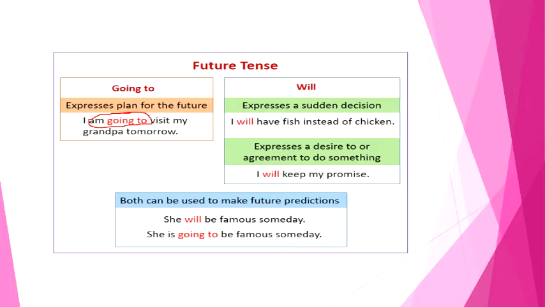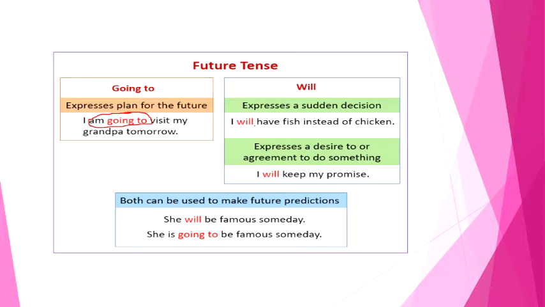Will is used when we have a sudden decision. I will have fish instead of chicken. Or when you express a desire or agreement to do something. This is not called planning. It is just that you have a desire, you have a wish. I will keep my promise.